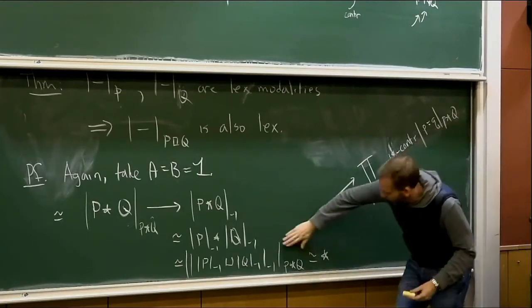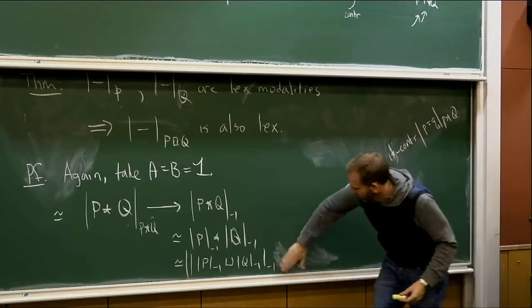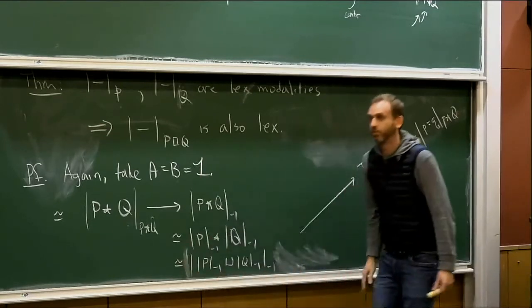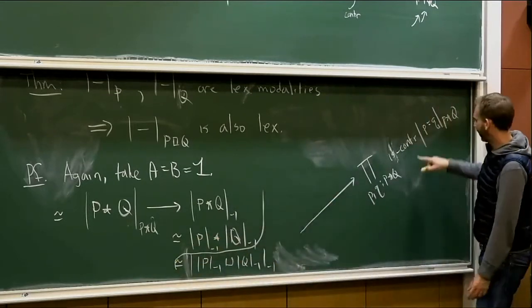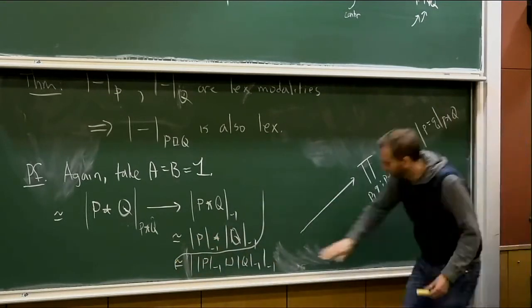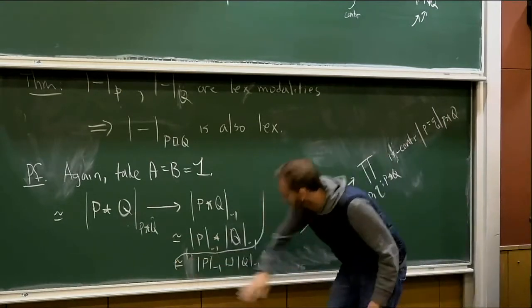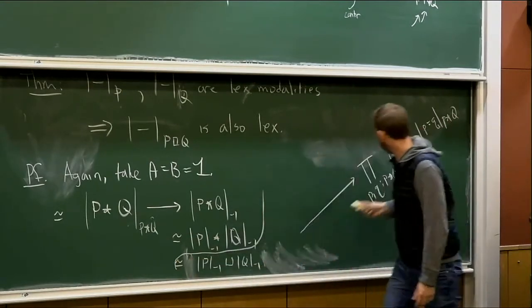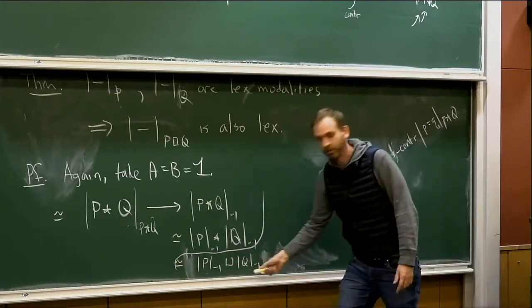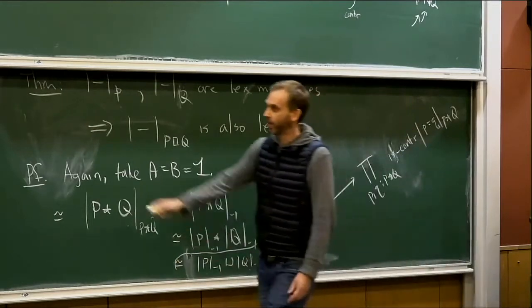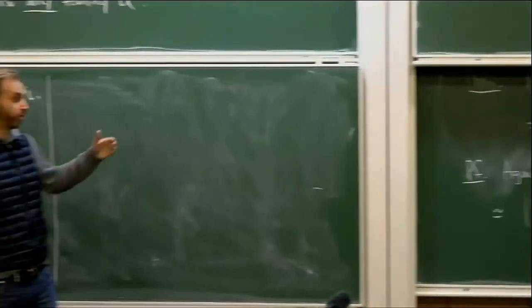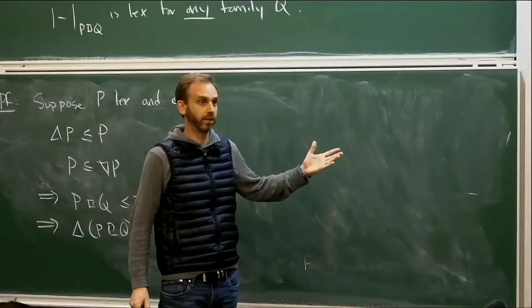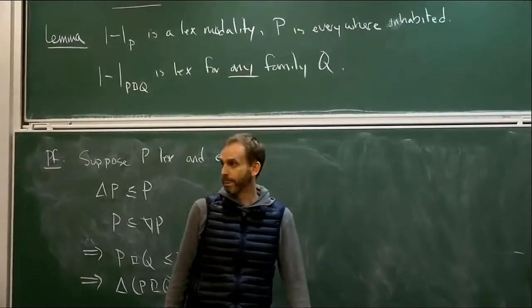So I can remove this. On the other hand, this is a proposition, so I can remove this. And this just says that in order to prove this, I can assume P or Q are non-empty. But then I apply the theorem that when one of P or Q is non-empty, joining with anything gives a Lex modality. Okay.